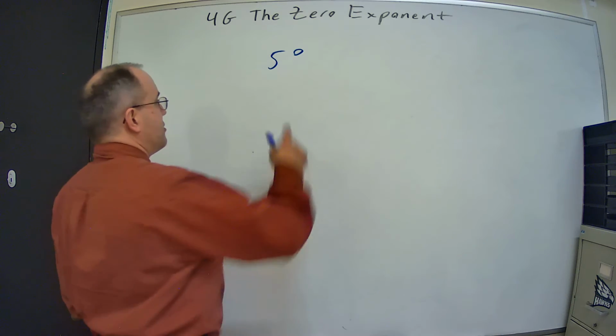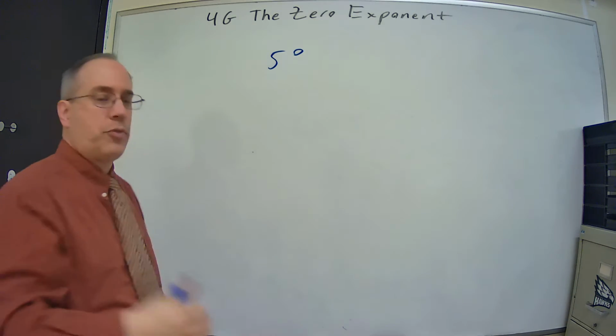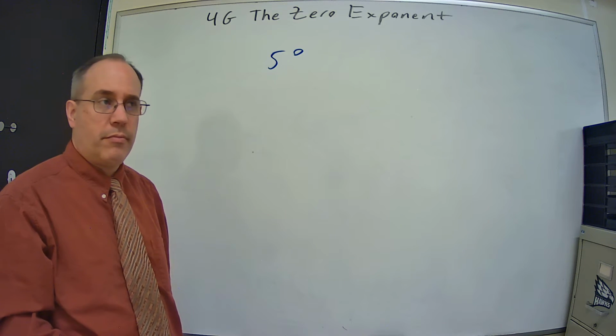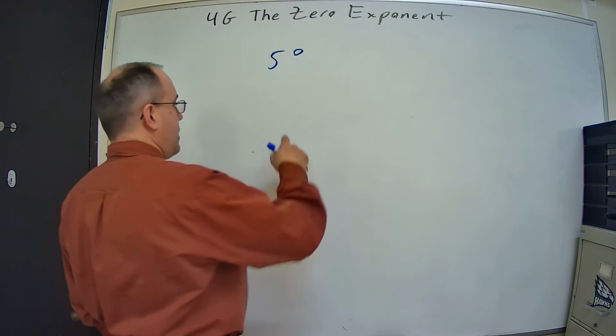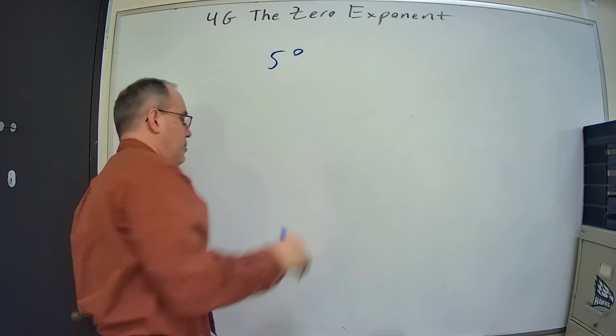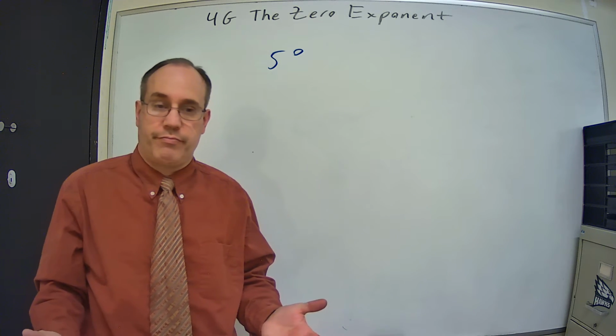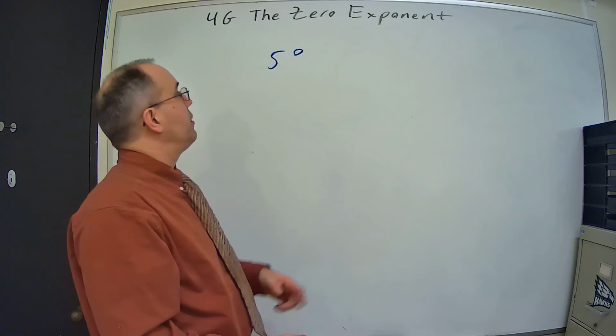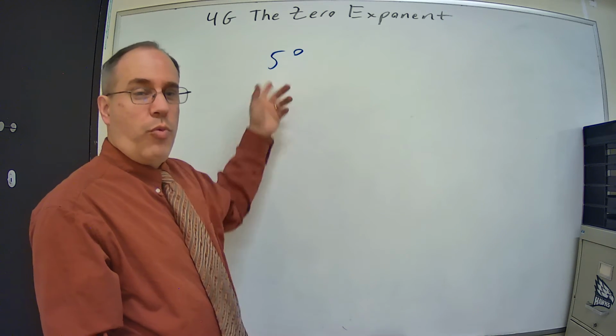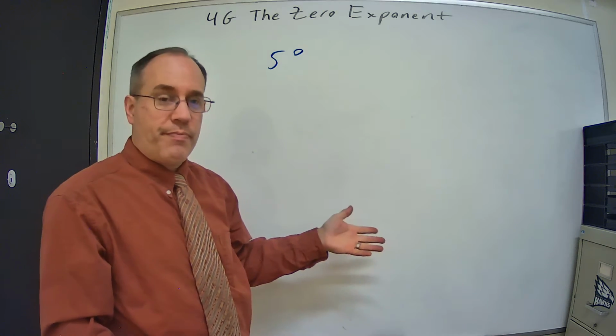So I need to take 0 5s and multiply them together. So that means I take this emptiness and multiply it together, because 0 5s is no 5s. So that's a zero exponent. Well, what's the result then?